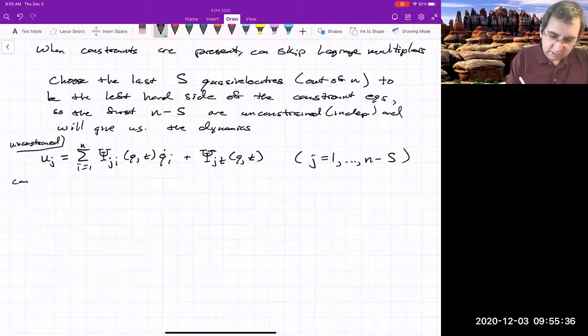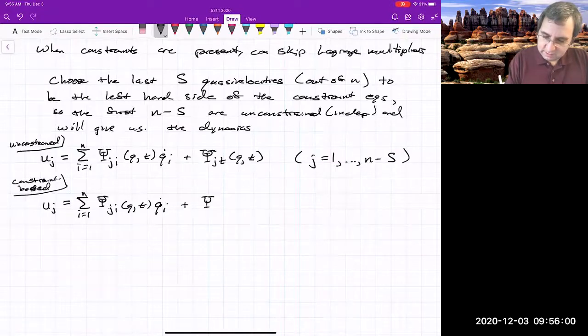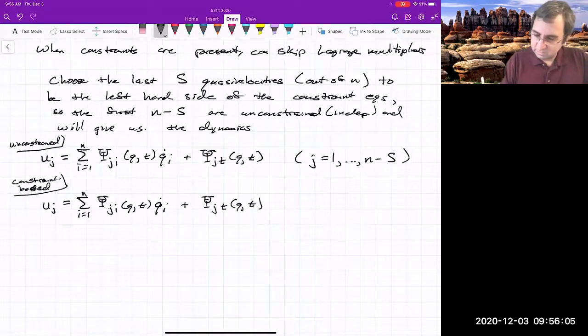And then the constraint-based ones will be the last grouping. I'll still write it as uj. Sum i goes from 1 to n, capital psi ji of q and t, qi dot plus psi jt of q and t.